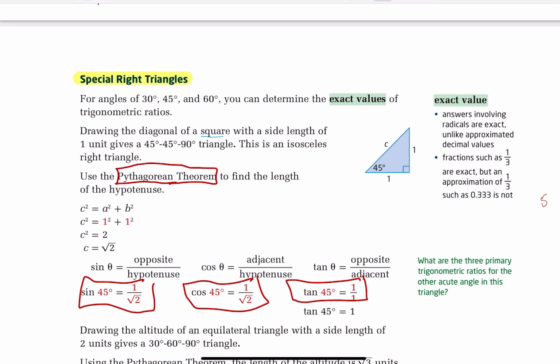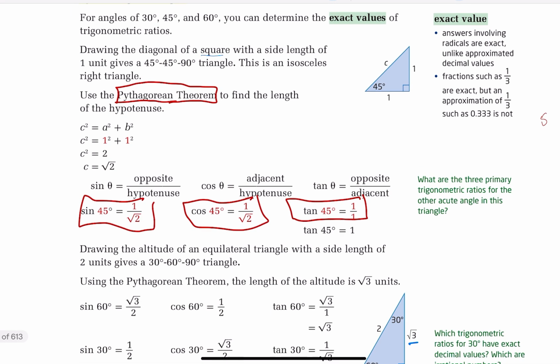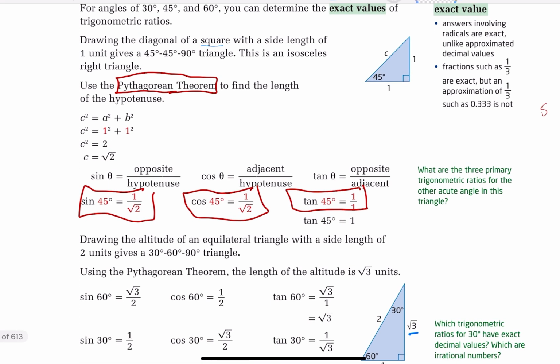The sine is the opposite divided by the hypotenuse, and the cos is the adjacent divided by the hypotenuse. You can know that from your SOHCAHTOA method of memorizing this from last year.